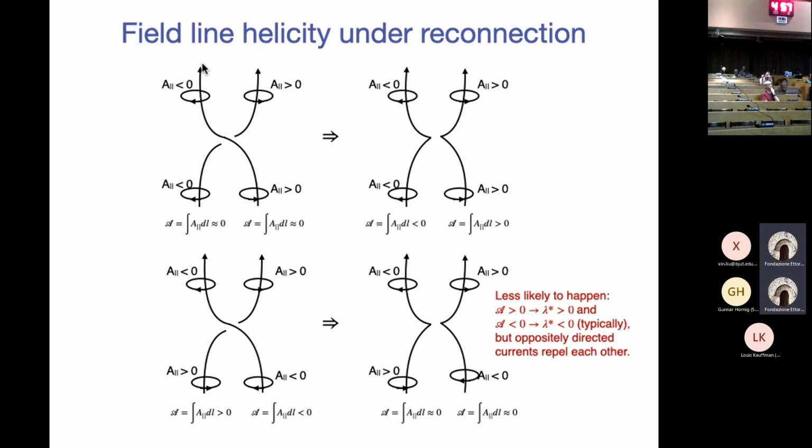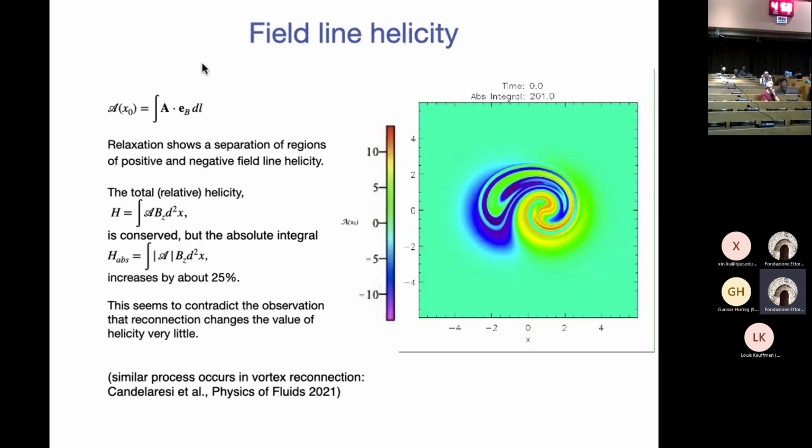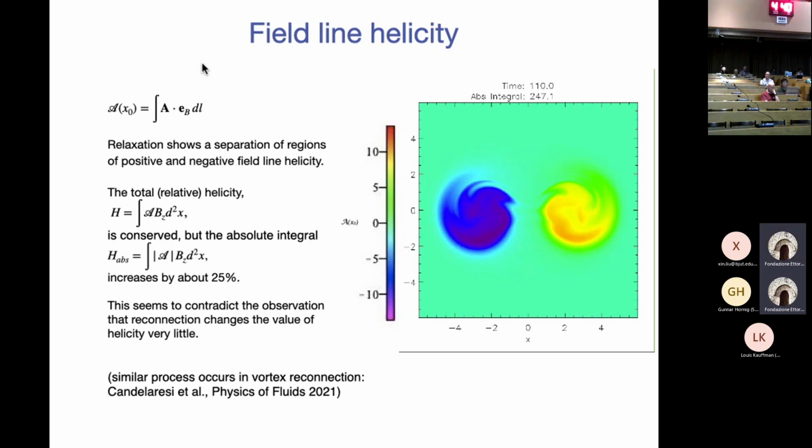And that explains why the total helicity is conserved, so both processes conserve the helicity, but actually our relaxation leads to a separation of the local helicity in the domain. I'd say there's a physical argument as to why that has to happen.